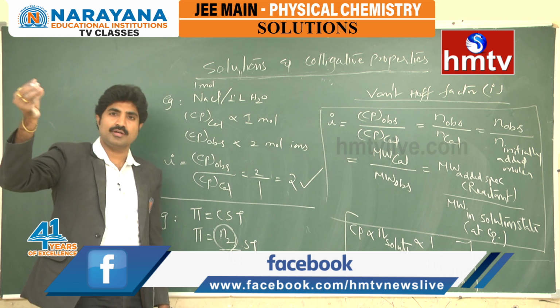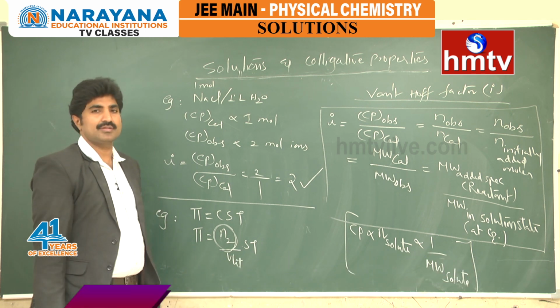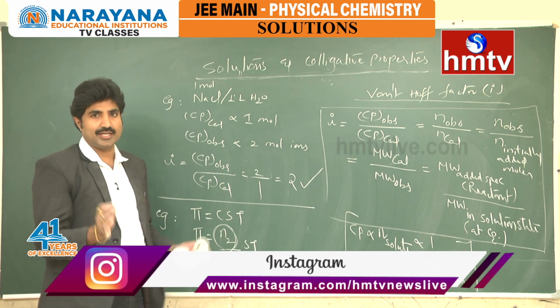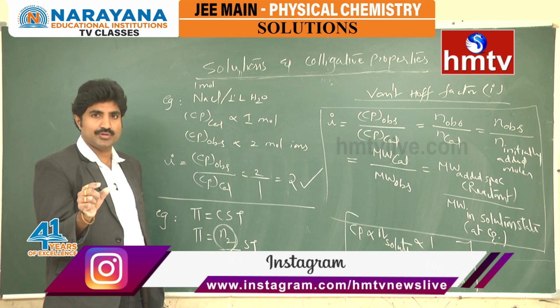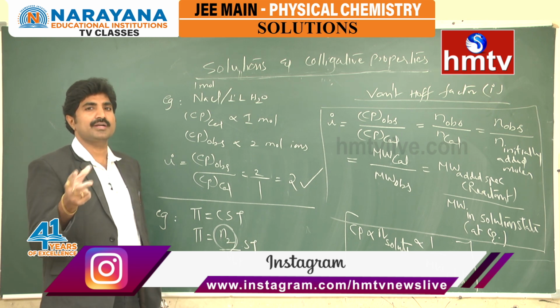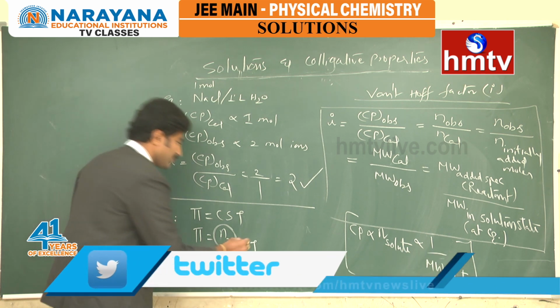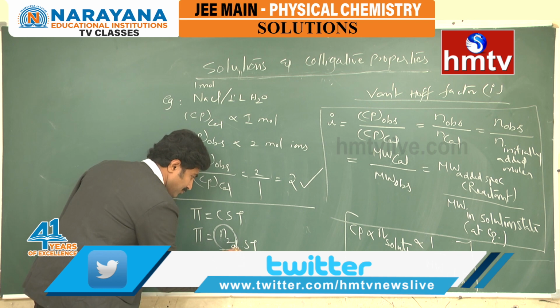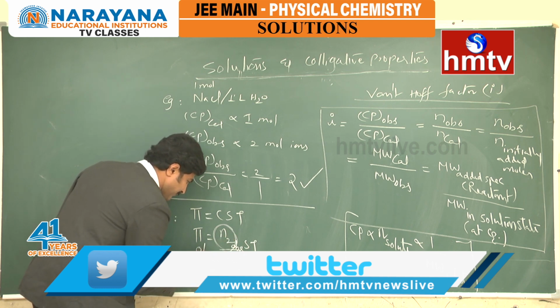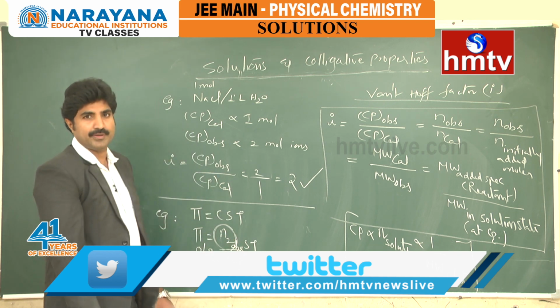Actually, whatever solute you add to a given solvent, finally you are getting a solution. For that solution, the colligative property value is due to the observed moles only. So here, if it is observed moles of the solute, you are getting the observed colligative property.